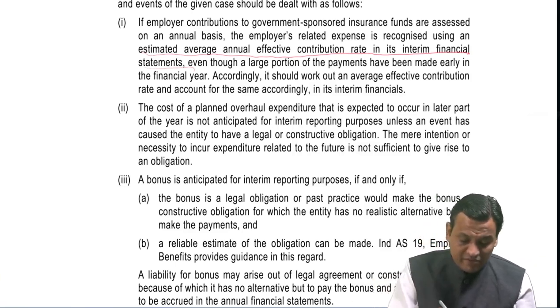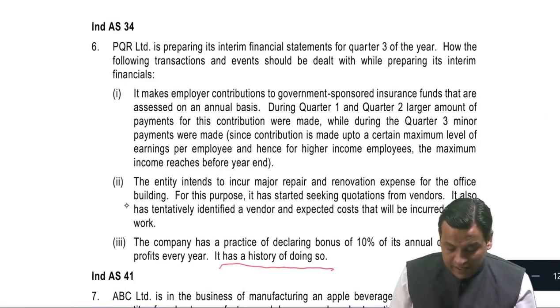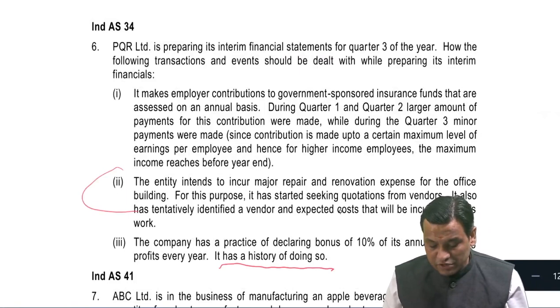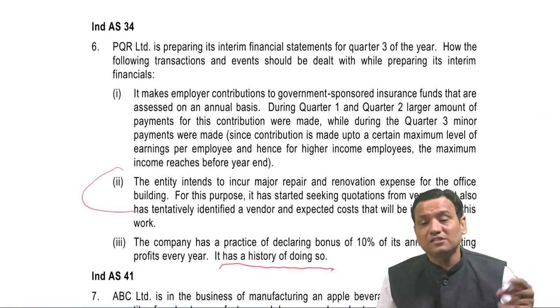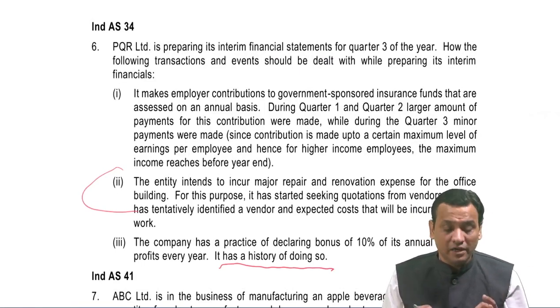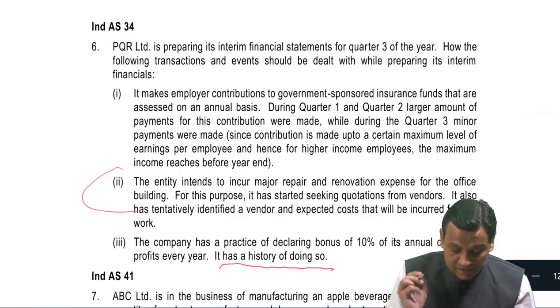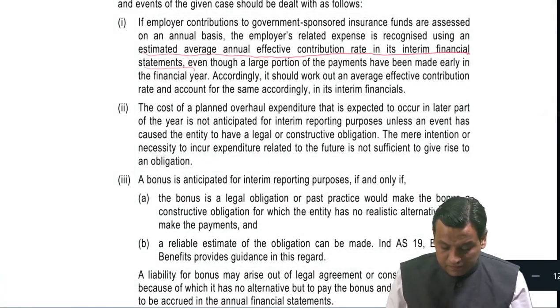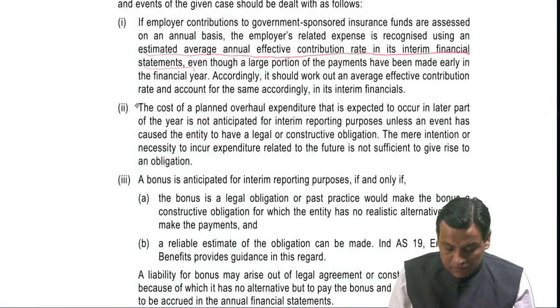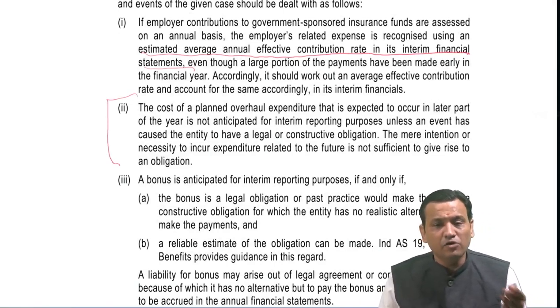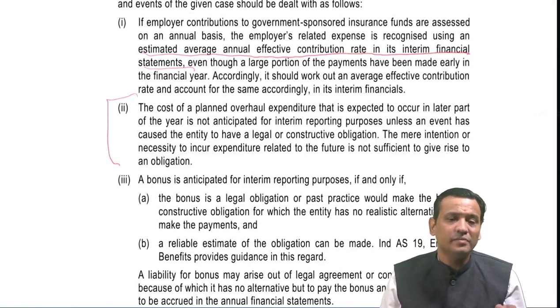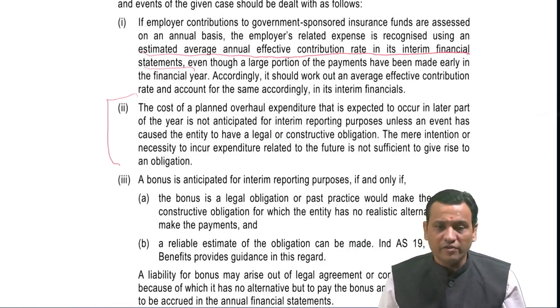The second area, my friends, is the entity intends to incur major repair and renovation. Of course, if I can prepone that cost in my annual financial statements, then the same I can prepone even in my interim financial statements. Obviously, if I cannot anticipate the cost in my annual financial statements, then I cannot anticipate it in my interim financial statements.